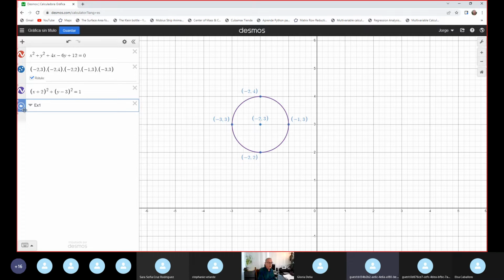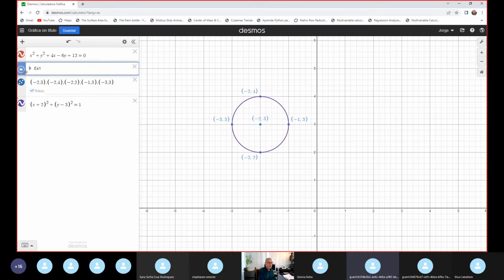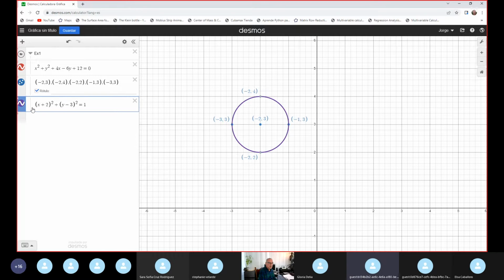You introduce each equation inside the folder, and you see magically how the gray line is now connected with the folder.